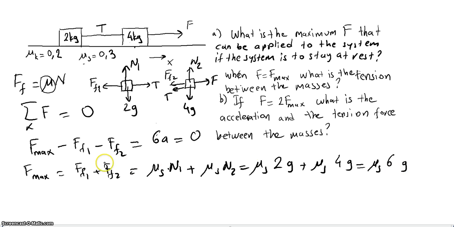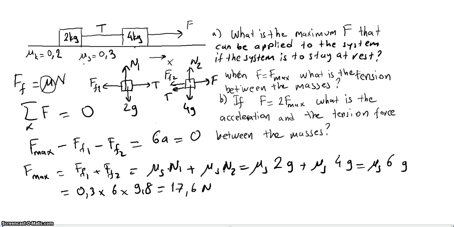So the maximum force in that case is calculated as mu s, 0.3, times 6 times 9.8. Let's use my calculator: 0.3 times 6 times 9.8 is equal to 17.6 newtons.